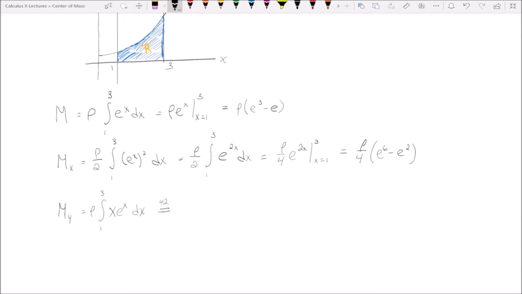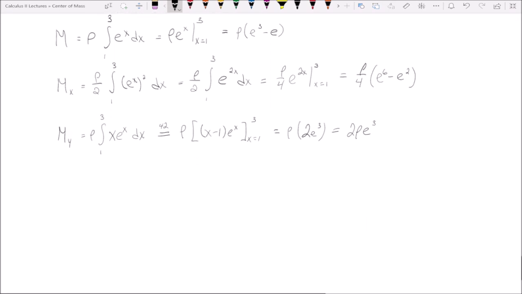Right, this equals rho times the quantity x minus 1 times e to the x evaluated from 1 to 3. So it's rho times 2e cubed minus 0. So 2 rho e cubed.